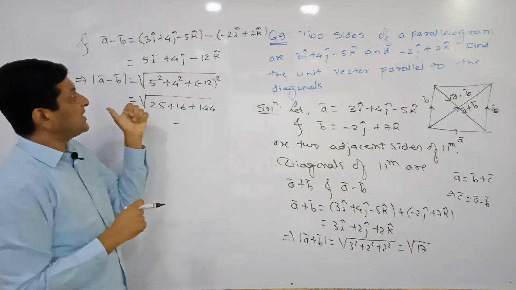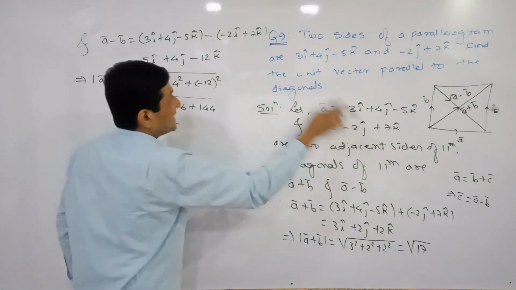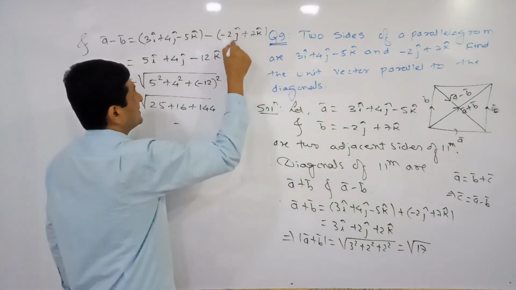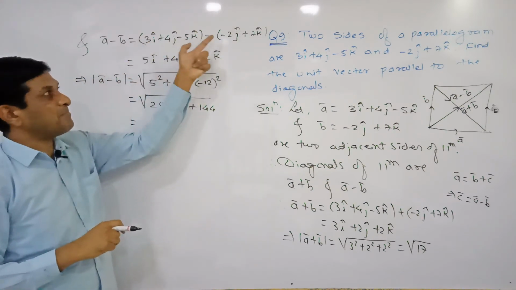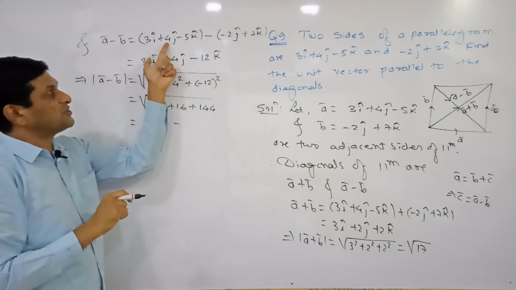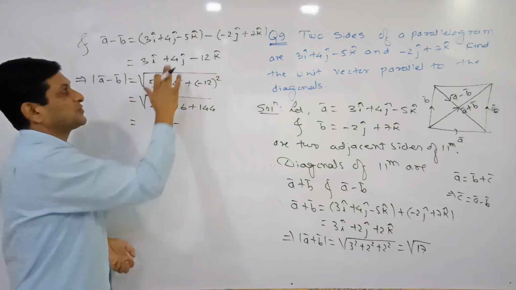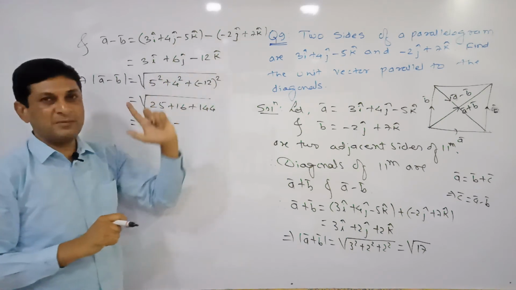Here the value of A bar minus B bar, sorry, the j cap is there, so there will be a mistake in the calculation part. 3i cap minus 0i cap is 3i cap. Again here, 4j minus minus means plus 2 will be equal to 6j, and minus 5 and minus 7 will be minus 12.